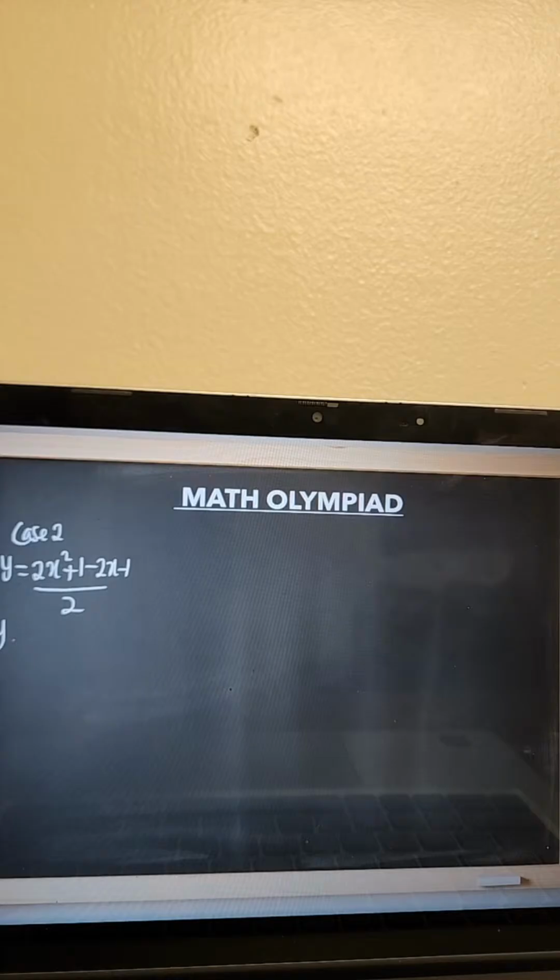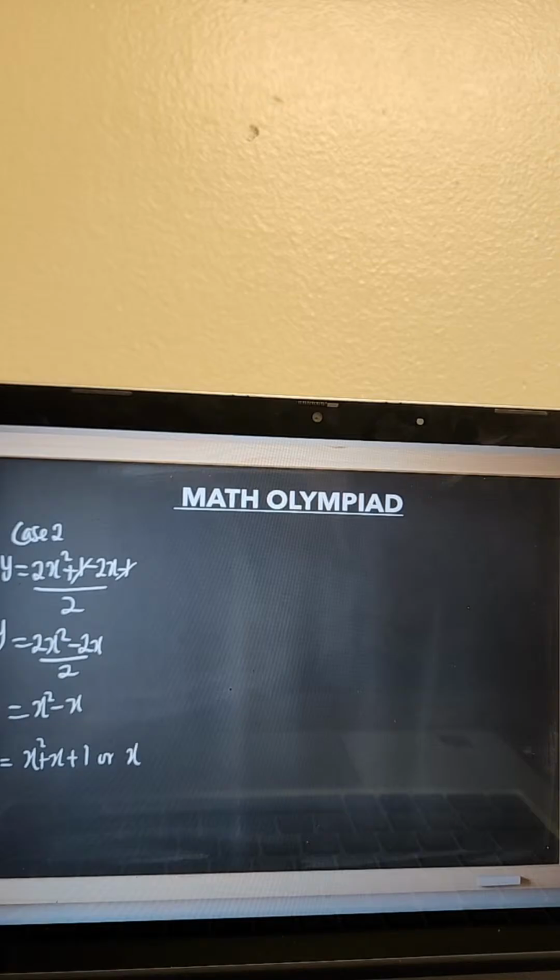So here my plus 1 and negative 1 are going to cancel out, giving 2x squared minus 2x over 2. Then the coefficient of 2 is going to cancel out, so y is x squared minus x. So these are the two cases. Here we have y equals x squared plus x plus 1, or x squared minus x.